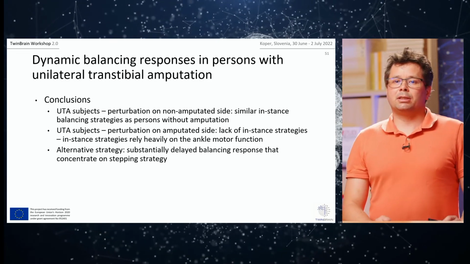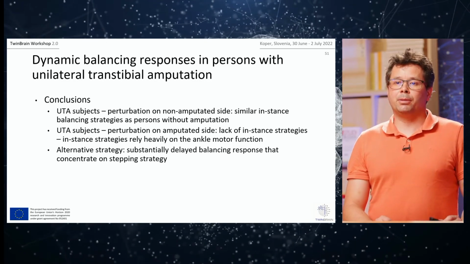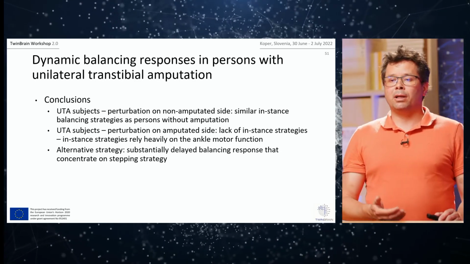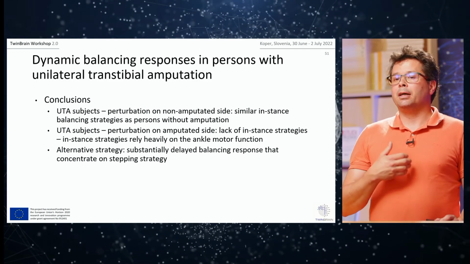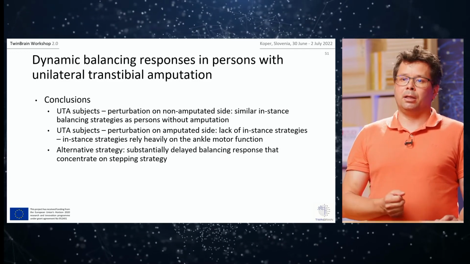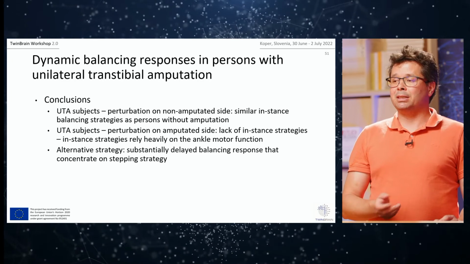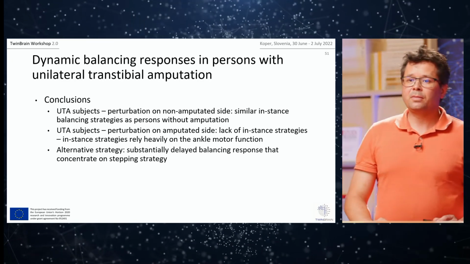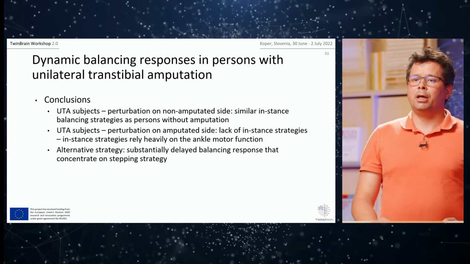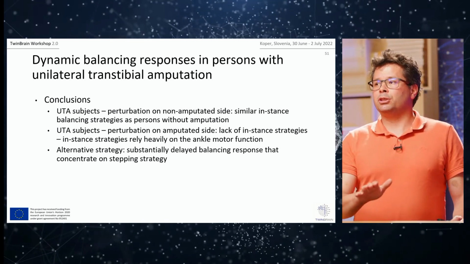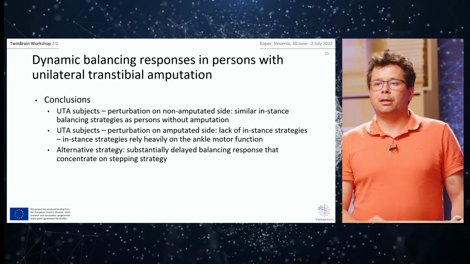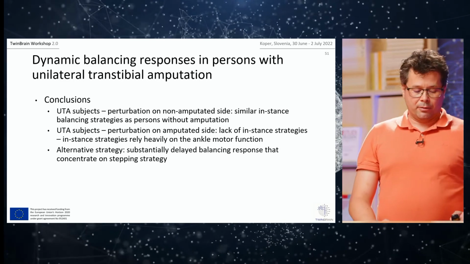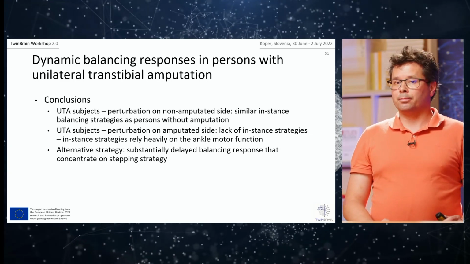But when amputees are perturbed on their amputated side, they don't develop this instant strategy, because it relies heavily on the ankle involvement, which is the resource that is missing on their amputated side. Rather, they use an alternative strategy: they reposition the foot placement and respond to restore balance after the next foot contact.